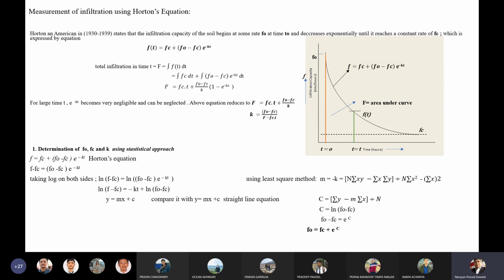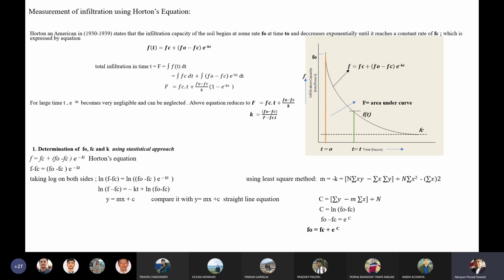Horton, an American, invented the infiltration capacity curve, the rate of infiltration capacity of soil, through the equation which he developed during nine years of his research from 1932 to 1939.